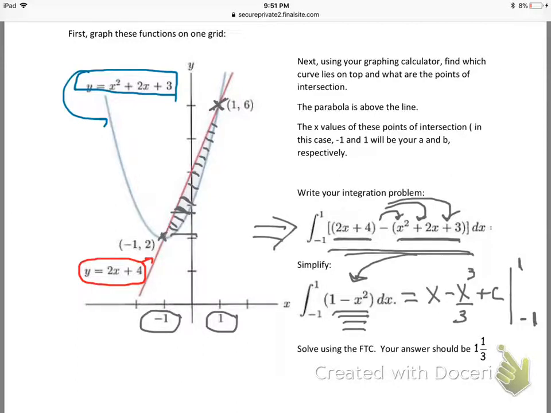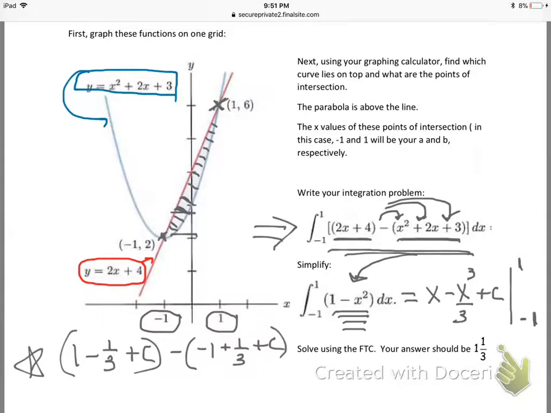Okay, so I'll do that now over here. So I have 1 minus 1/3 plus c minus -1. So I have a -1 here, minus -1 cubed. That's going to be a plus 1/3, and then plus the c.